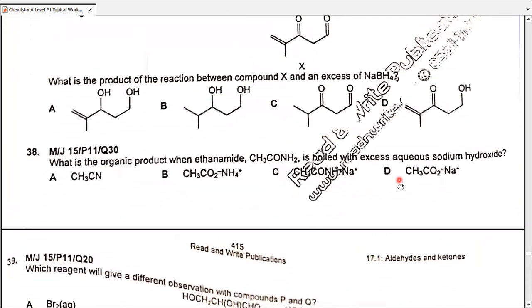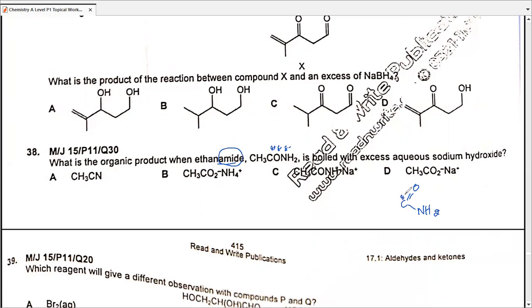Though the answer to that one is D. The entire NH2 group is replaced, and since this is partial positive, this is partial negative, this is also partial negative, because the structure is something like this, and this is an amide bond, hence the name ethanamide.